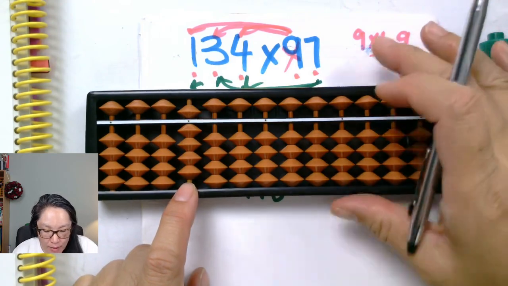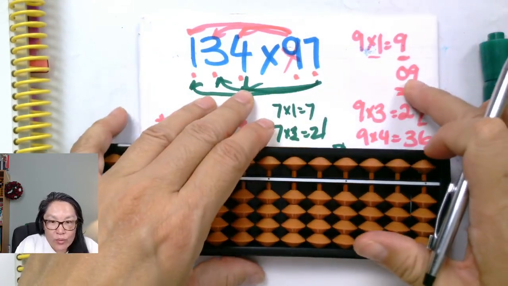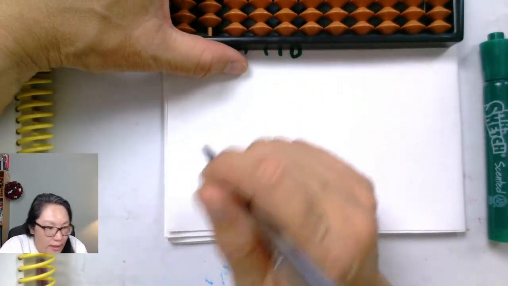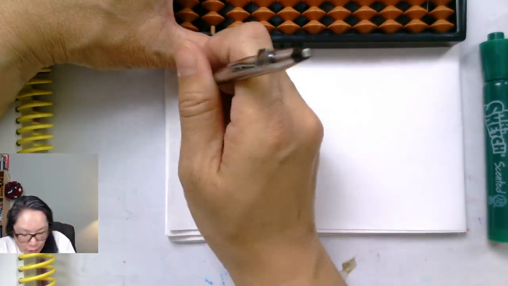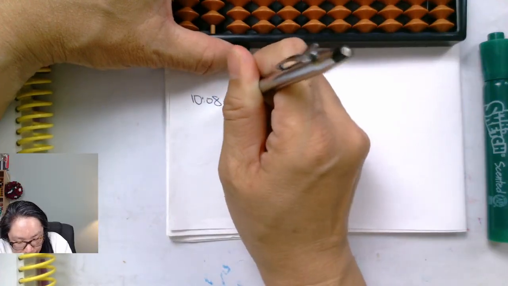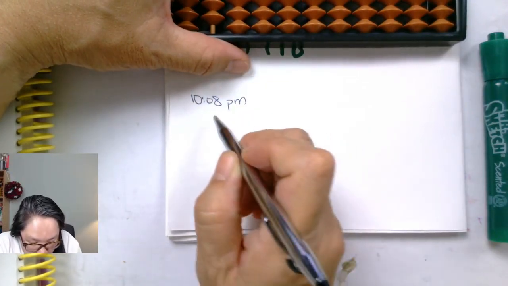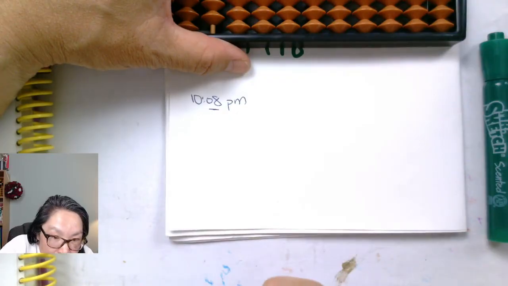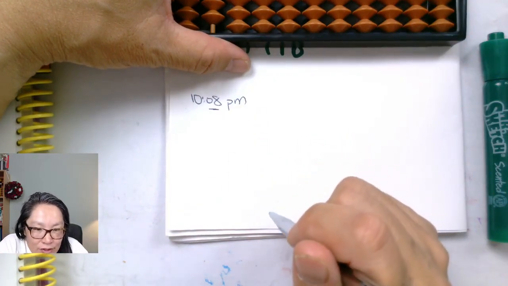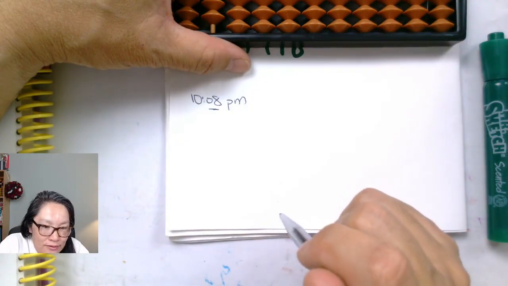Why do we go back? Because when we're talking about time, let me correlate, right? So what time is it right now? For me, it's 10:08 right now. Notice this is a single digit, right? What time is it for you? Tell me what time it is for you. I am in California.